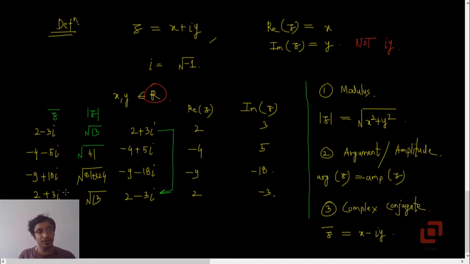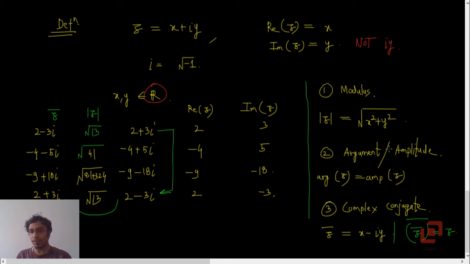The complex conjugate of 2 minus 3i is again 2 plus 3i. So that brings us to an important characteristic of complex conjugate: the complex conjugate of the complex conjugate of any complex number is the same complex number.